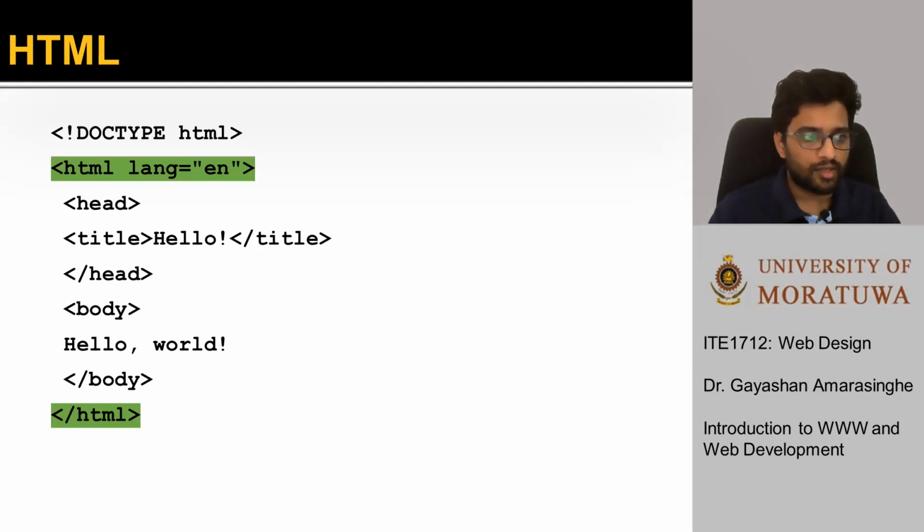These things are called HTML elements or HTML tags. The first tag in an HTML document is an HTML tag. If you open a tag like this using these angle brackets, then you have to close that tag as well using a slash.